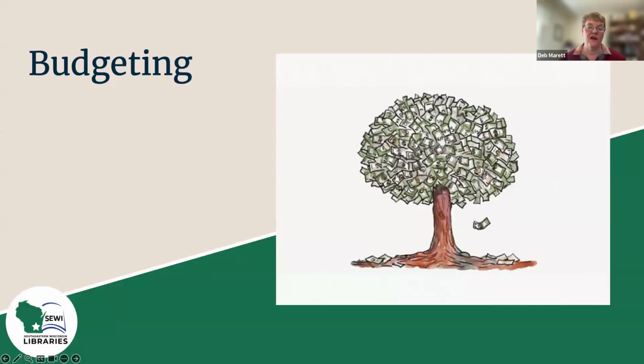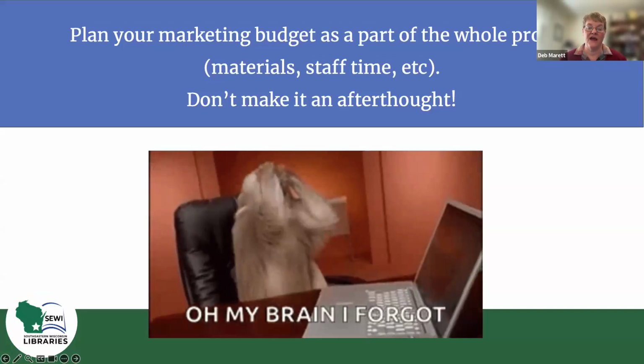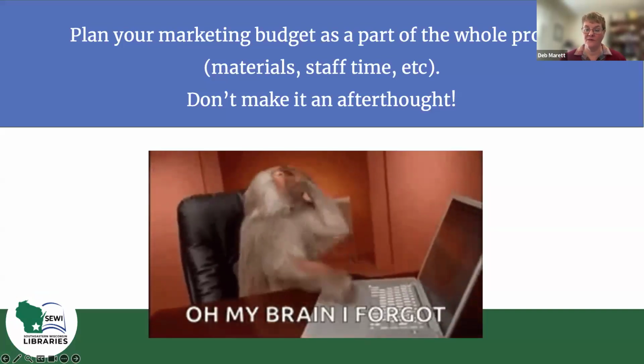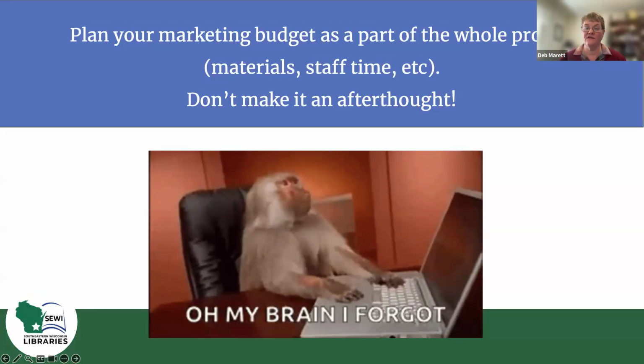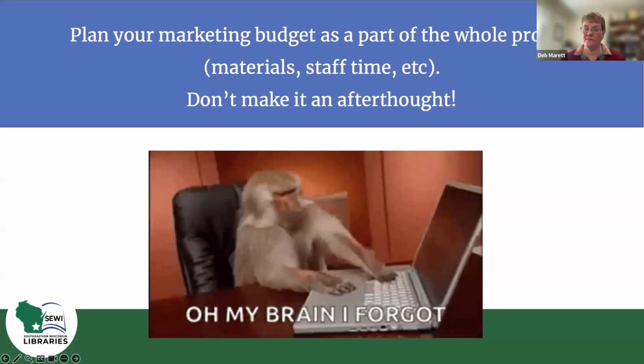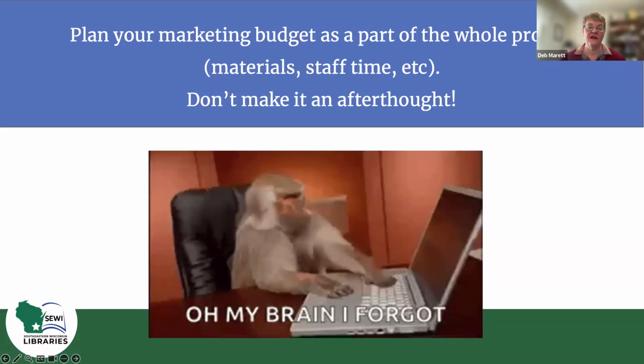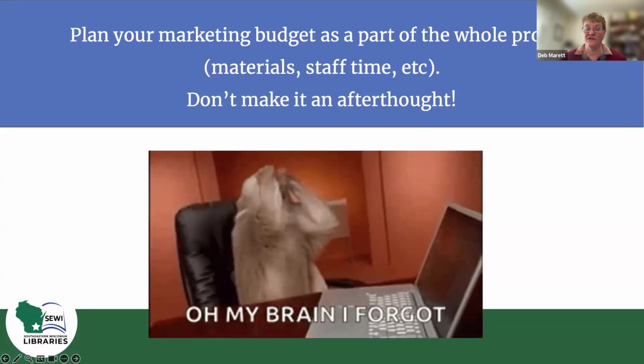I think libraries are not always in the habit of considering a marketing budget. And that's something that we're trying to change because I think it's very important. As you're starting to put a program together, for example, a new program series or lecture series, you may have a small budget to work with.